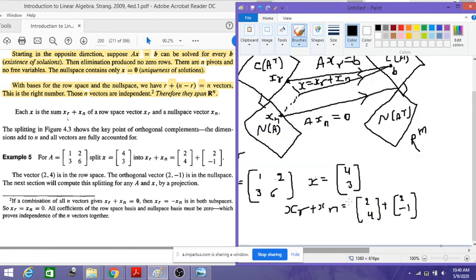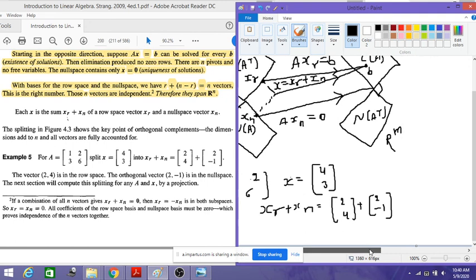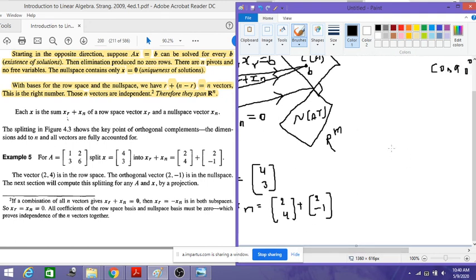Now if we look into these two examples, (2, 4) and (2, -1), let's see whether they are perpendicular or not. If you have the two planes here, xr will be somewhere here, that is (2, 4), so this might be the vector (2, 4).